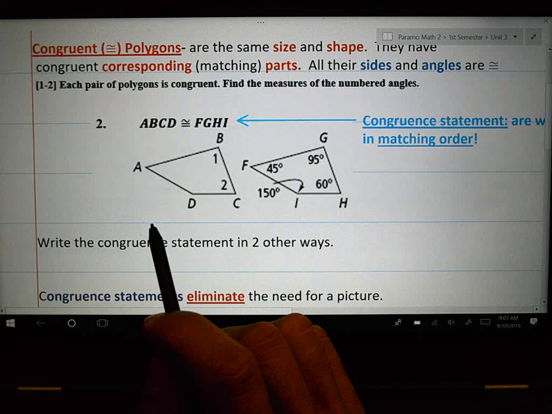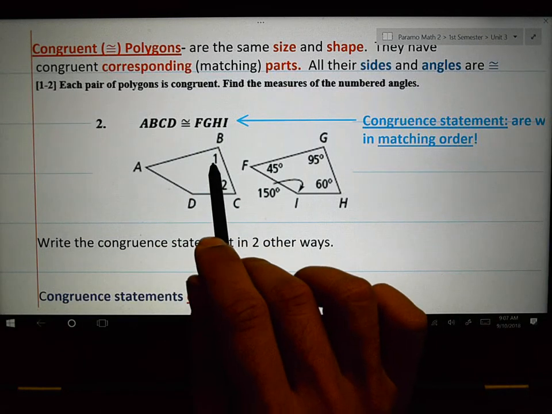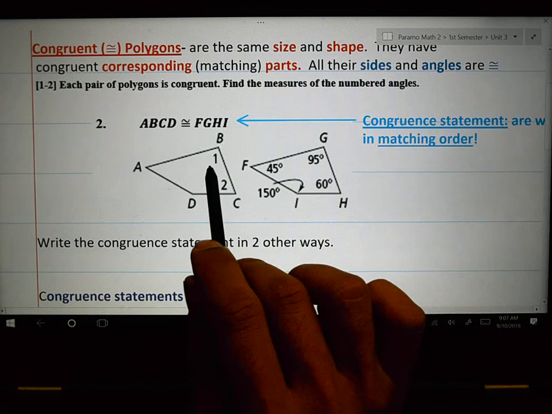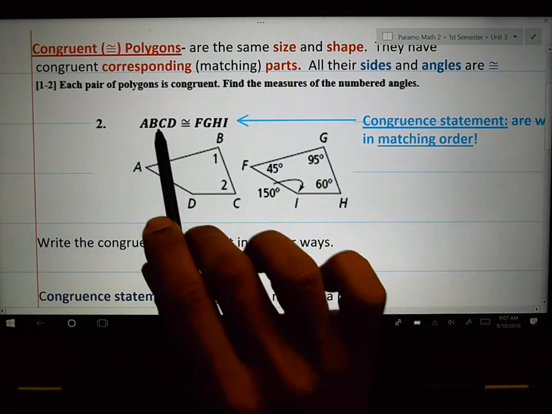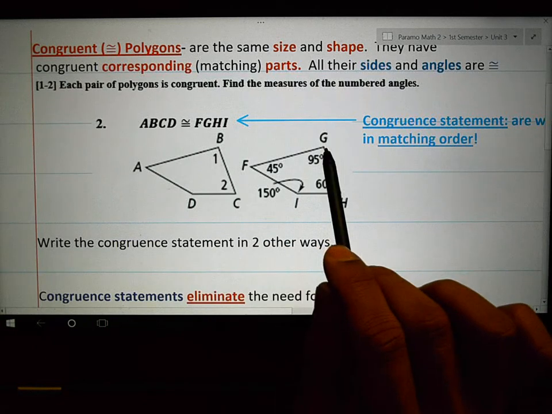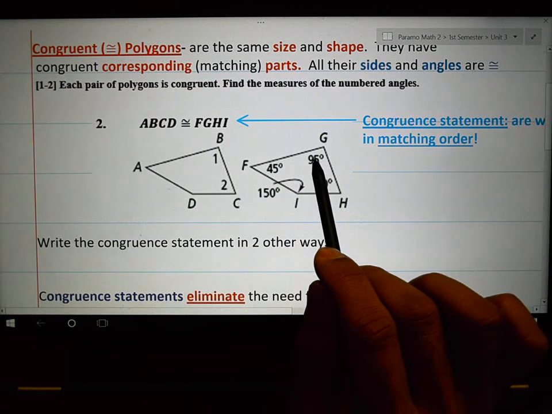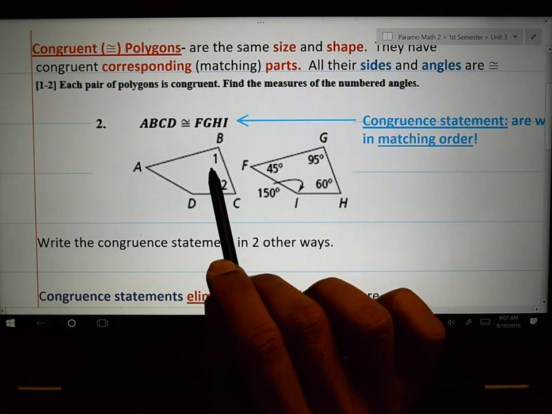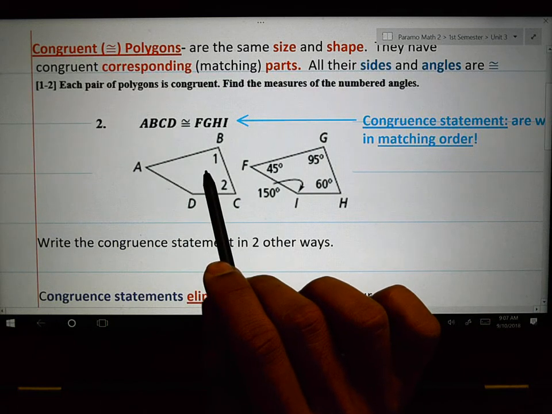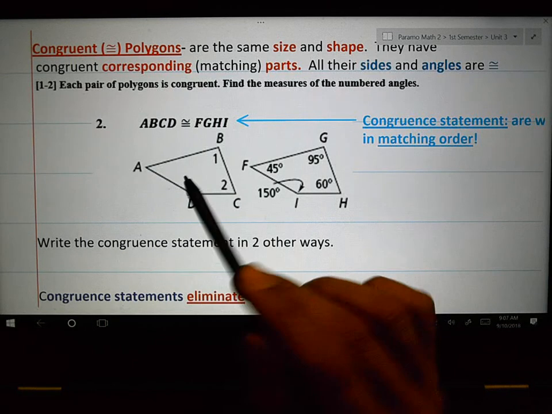So you're going to have some problems in your worksheet like this, which says, what's angle 1? What is the measure of angle 2? So if you want to know what angle 1 is, angle B, that's the same as this letter over here in this one. So if you know what this angle's measurement is, you should know what this angle's measurement is. If you know what angle 1's measurement is, say the number that it's worth out loud. 95.